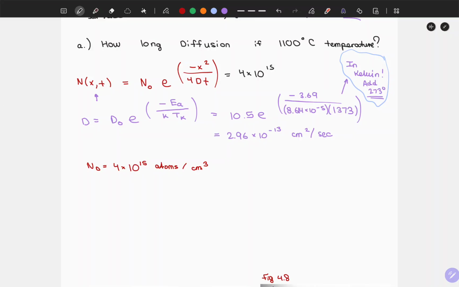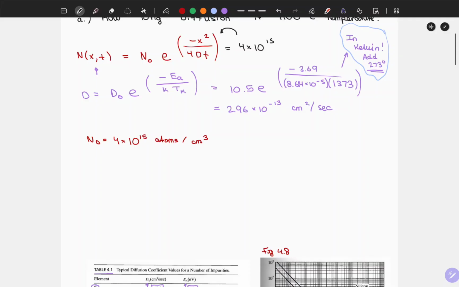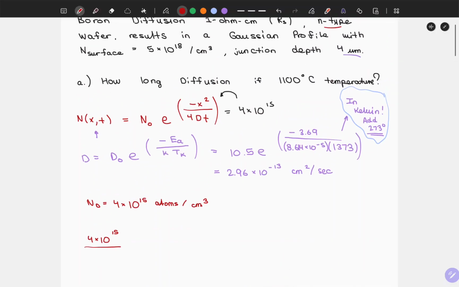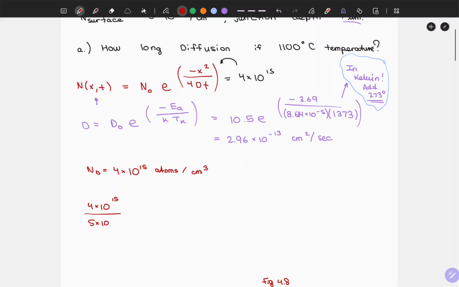Why is it equal? Because this is the concentration where we get the appropriate junction depth. Let's just take some steps. ln of 4 times 10 to the 15th over N naught, which is 5 times 10 to the 18th, is equal to negative 4 times 10 to the negative 4th squared.